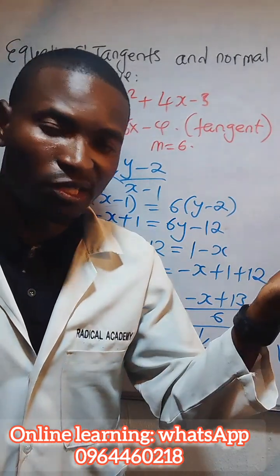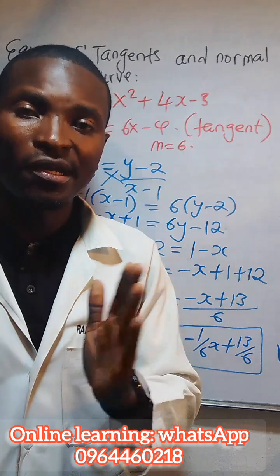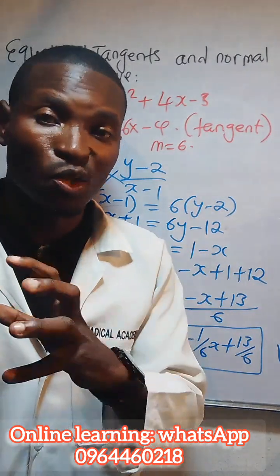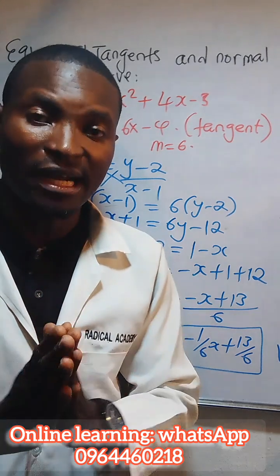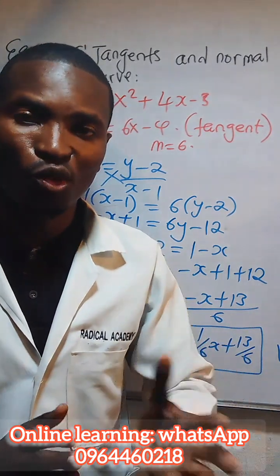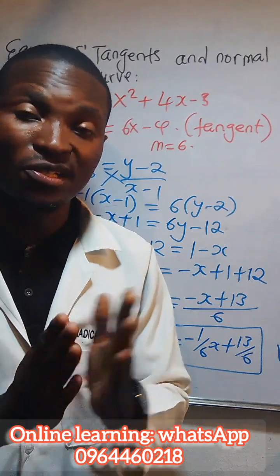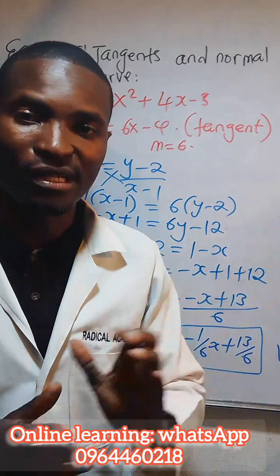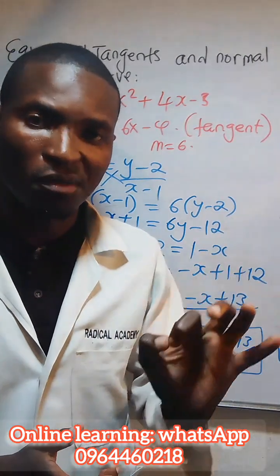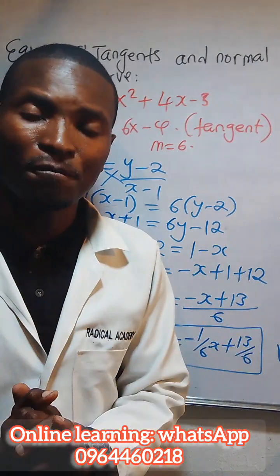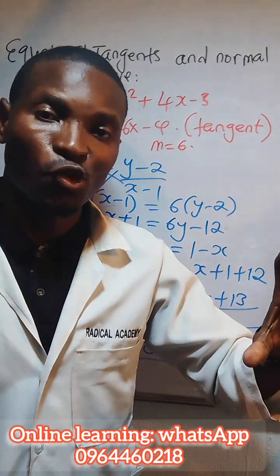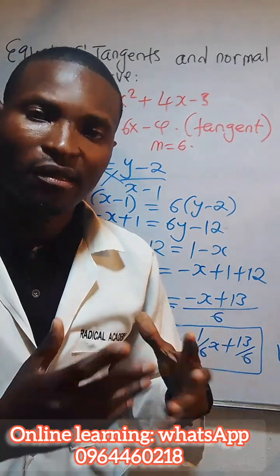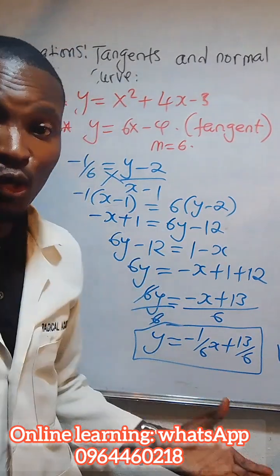Because the tangent and the normal are perpendicular, the product of the two gradients equals -1, and that is what we used to find the gradient of the normal, by making m2 the subject. Then we used the single point 1, 2 and the equation for finding the gradient, and everything came down to this. So this is how you can apply it.